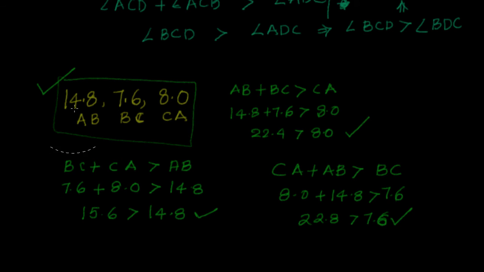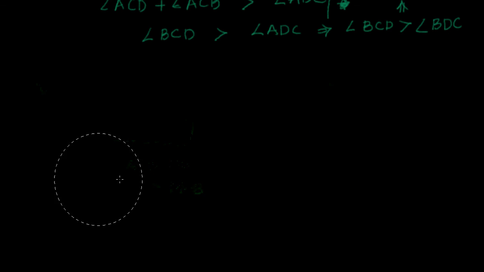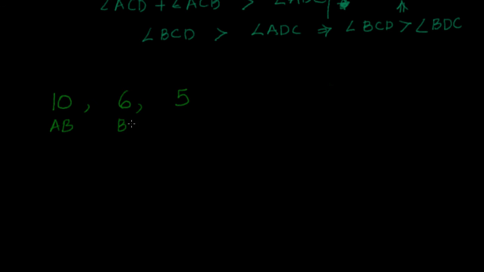Let's take another example and see. Let us take a simple example so that we can do the calculation easily. Let us say the sides are 10, 6, 5. Now let us say this is AB, this is BC, and this is CA.